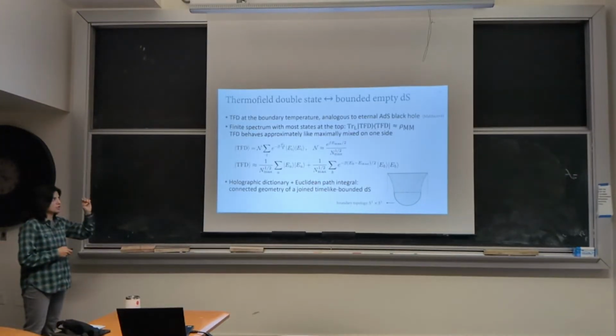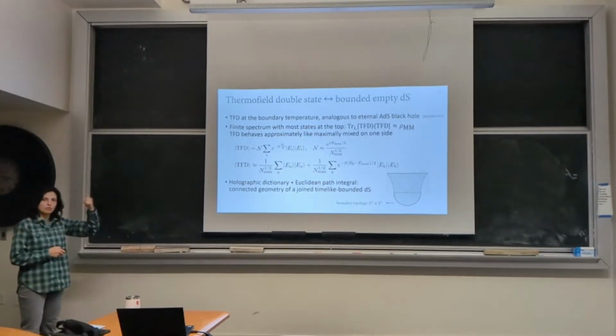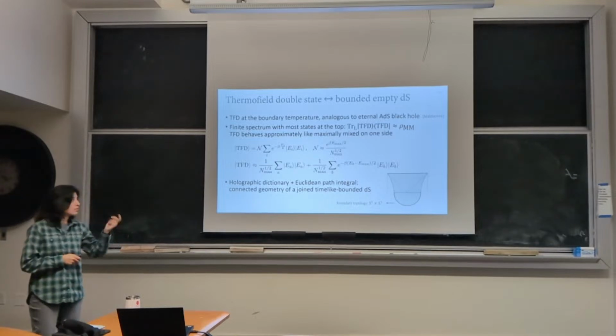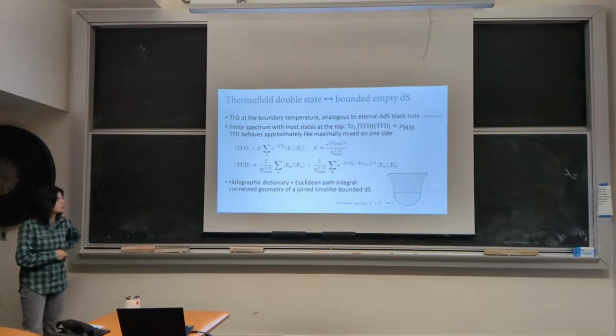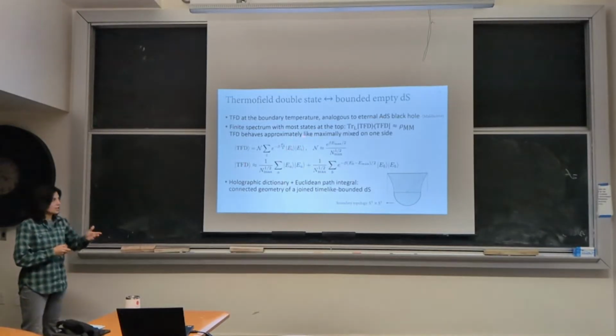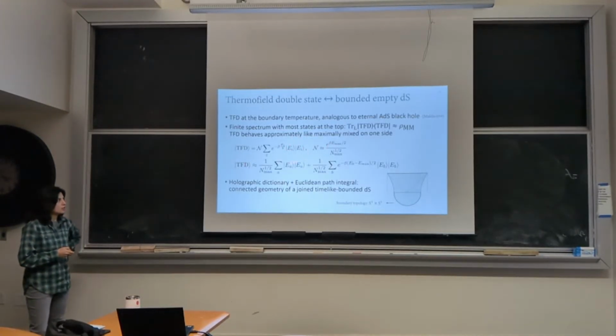So at high temperature, if you count the number of those states, you get roughly the entropy of the cosmological horizon of de Sitter itself. But if you have such a spectrum, it's not that hard to show that the normalization factor should be this.